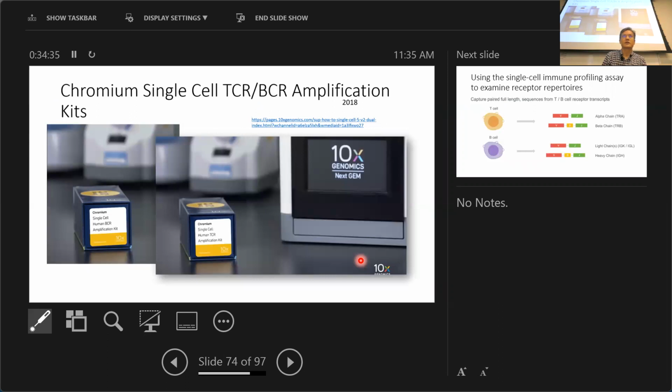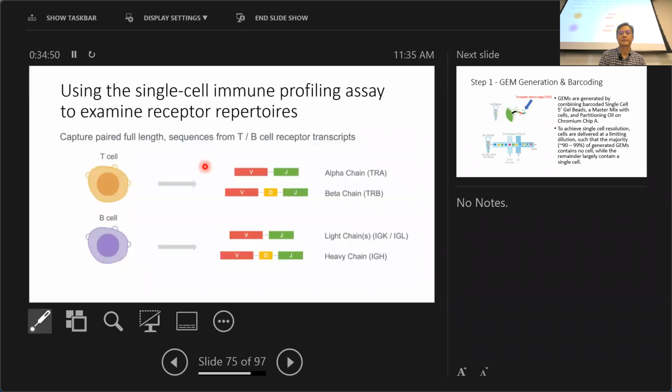So 10x Genomics recently published these kits to allow you to characterize single cell T cell or B cell receptors, an amplification kit, to allow you to get the information for each individual cell: what their alpha beta chain combinations are and what VDJ types.